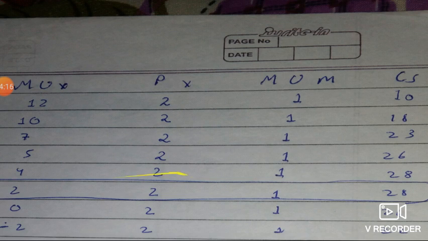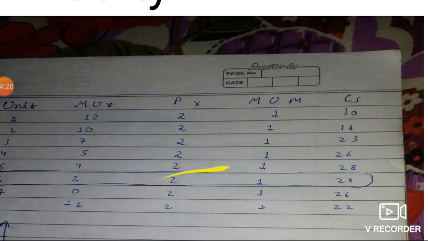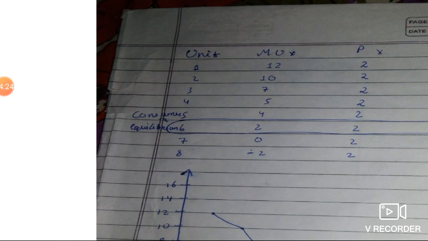If the consumer consumes more units, let's say the seventh unit, he obtains 0 utility, which means he has got nothing. It simply means that the consumer does not want to pay any rupees for the seventh unit.